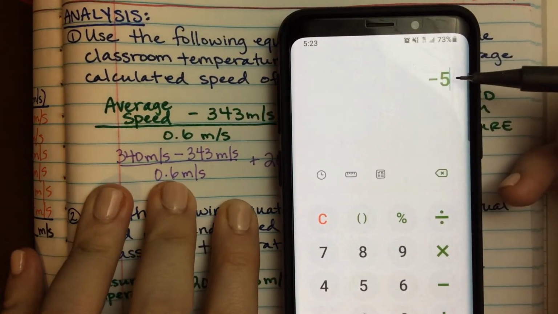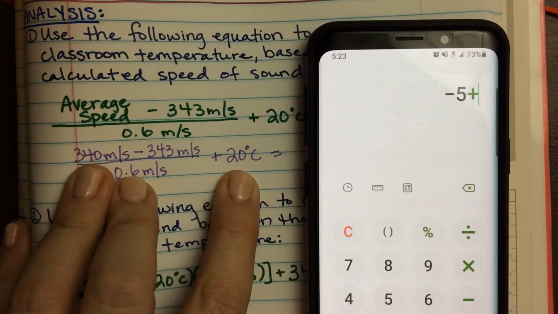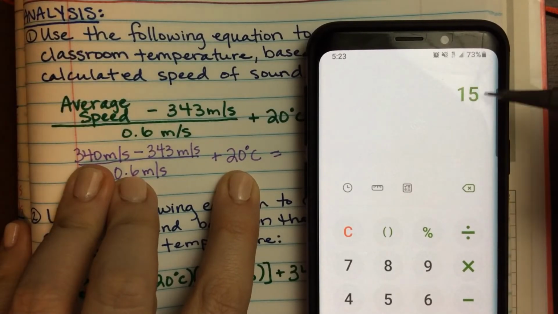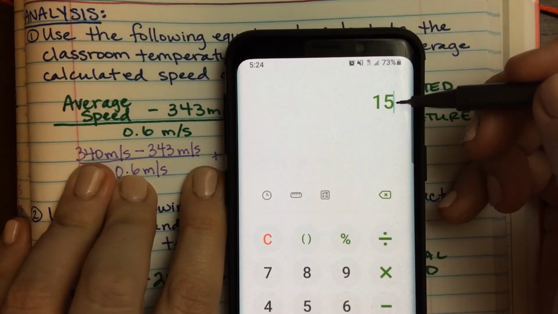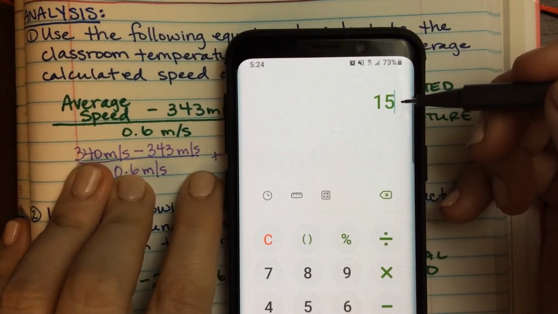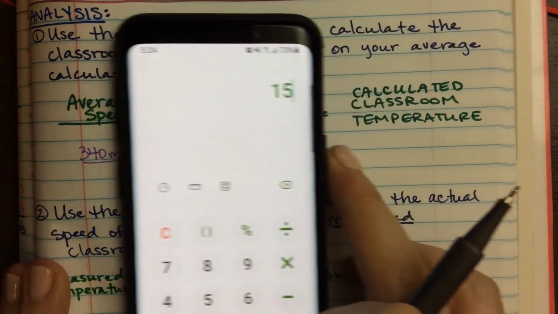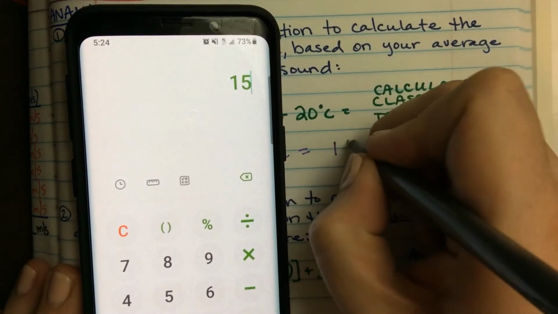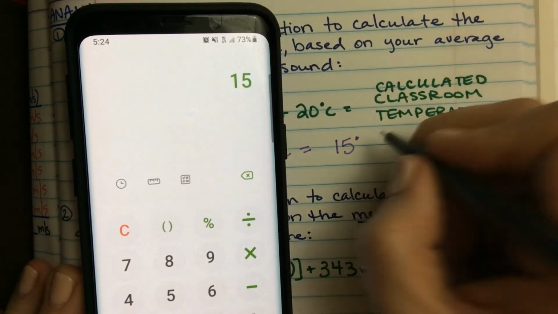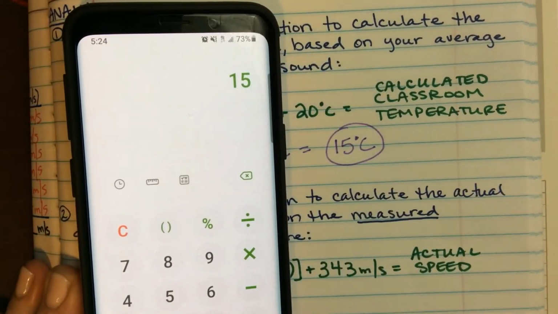So I have a negative 5 degree difference. I'm going to add that to 20, and based on my calculations, the temperature inside my tube should be only 15 degrees Celsius. That means it should be colder than room temperature inside my tube. So 15, and our units here are degrees Celsius. That's my calculated classroom temperature.